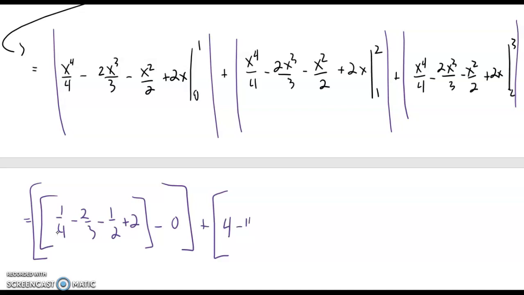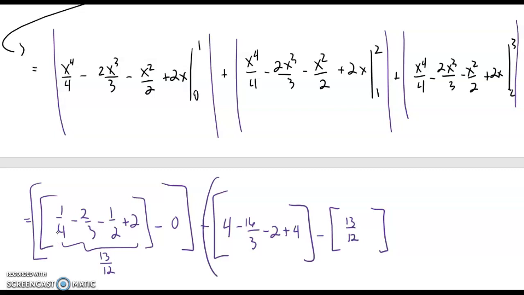And then that should give you 2 to the 3rd is 8 times 2 is 16. 16/3 minus 2 plus 4 minus, plug in 1 here, and you get the 1/4 minus 2/3 minus 1/2 plus 2. This should be 13/12 if we did the math. So this will be 13/12. Okay, and again, absolute value. This one I think is the negative guy.